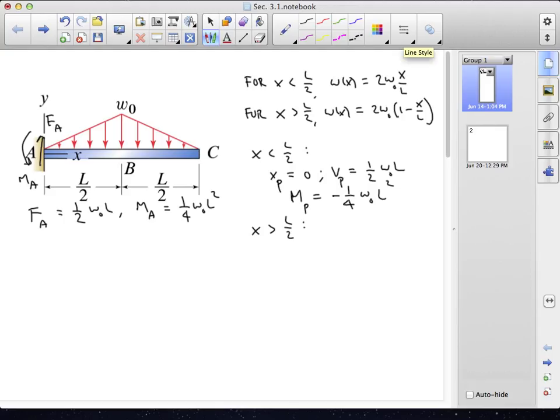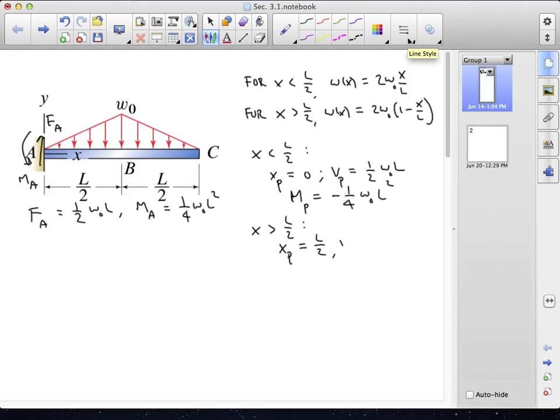For x greater than L over 2, we'll be integrating our new expression for w of x, and we'll be using our results at the end of the first interval as our reference going forward. So here xp will be equal to L over 2, and because there's no discrete force or couple at L over 2, the values that we get for x less than L over 2 as we approach B will be the same on either side.